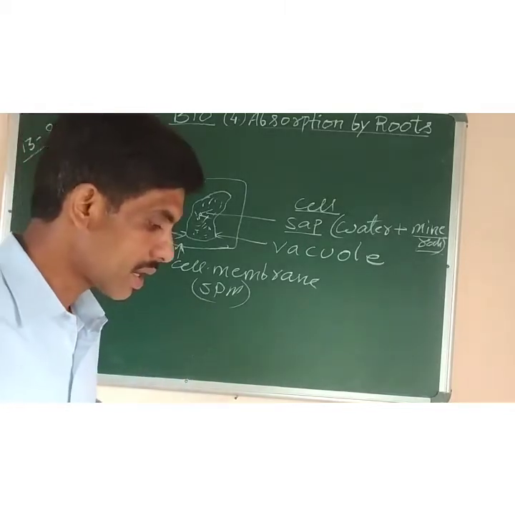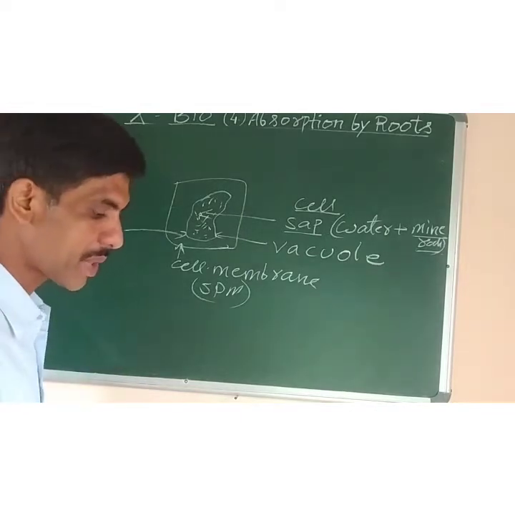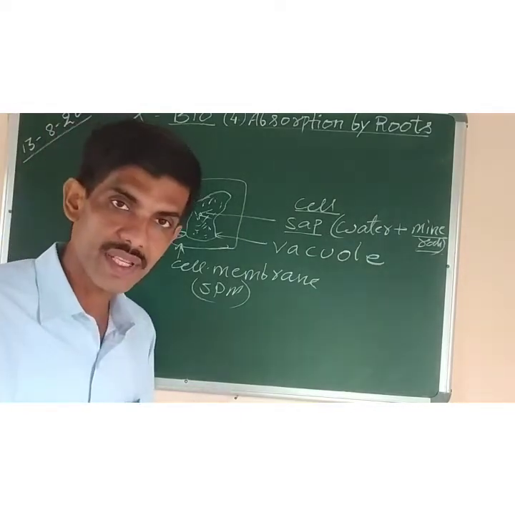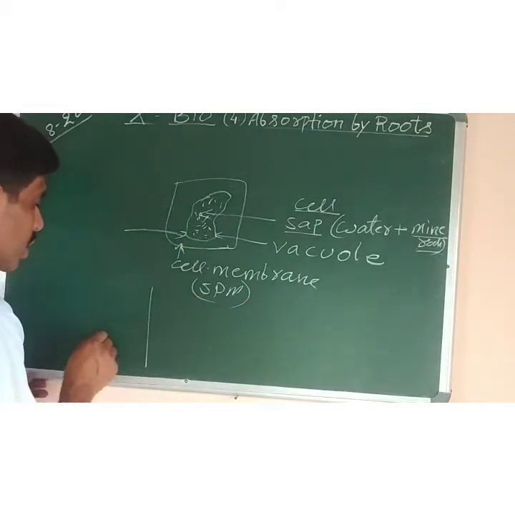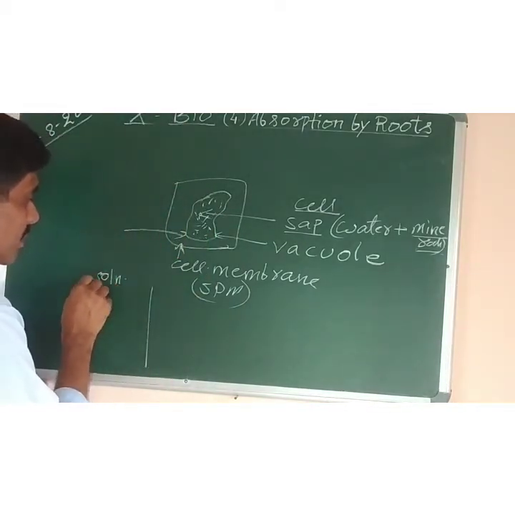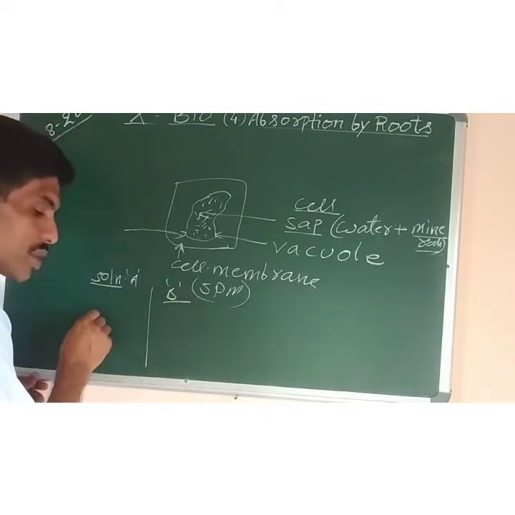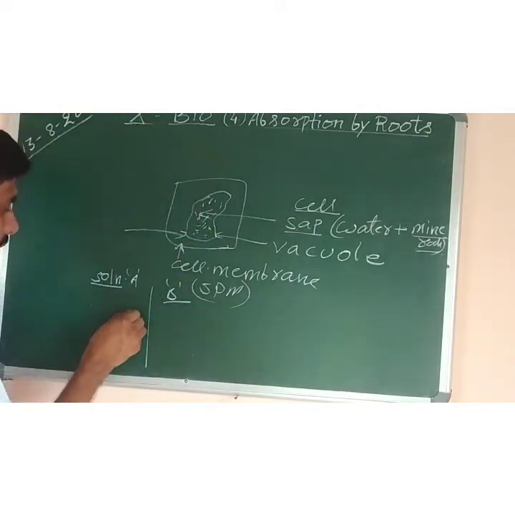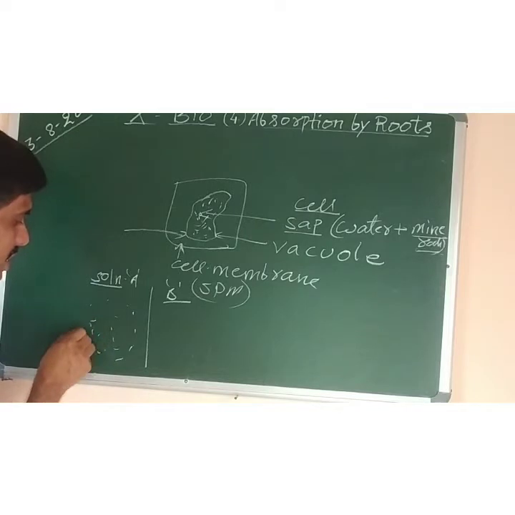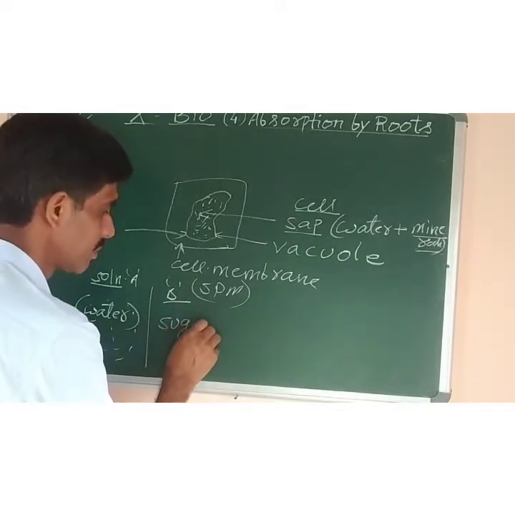Okay, got it? Now, one diagram is there in your book to explain the process of osmotic pressure, in which an experimental setup has been shown, in which solutions are kept: solution A here, solution B here. In solution A, what is kept is the water molecules, whereas in solution B we have the sugar solution.